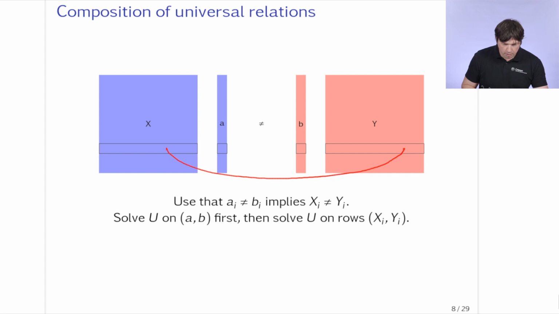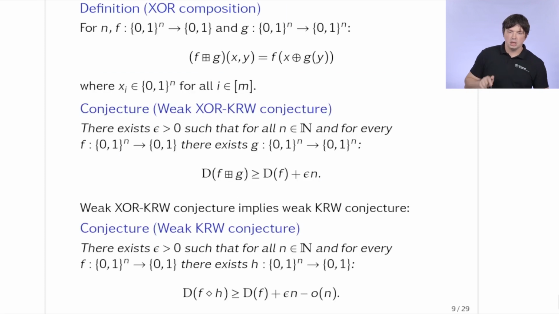So what about lower bounds? First, let me talk about what we are doing here. Instead of talking about the standard Karchmer-Raz-Wigderson conjecture, we propose our own variant called the XOR-KRW, and we were trying to replace the standard block composition with something that will give us a little bit more grip, right?